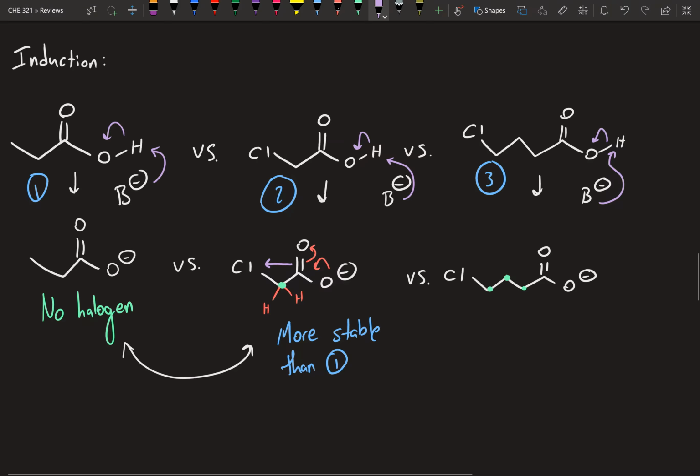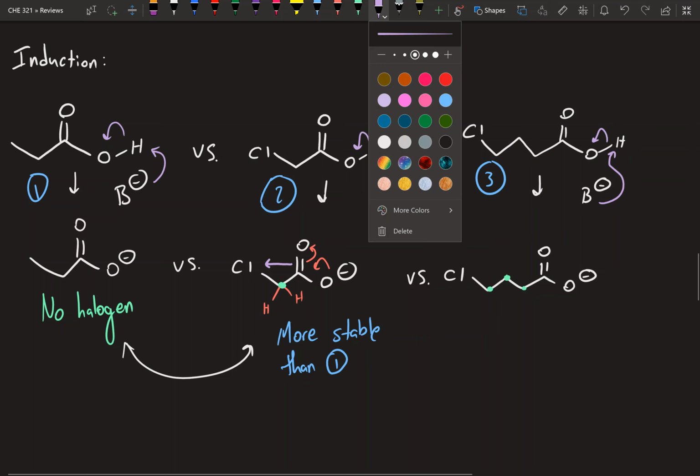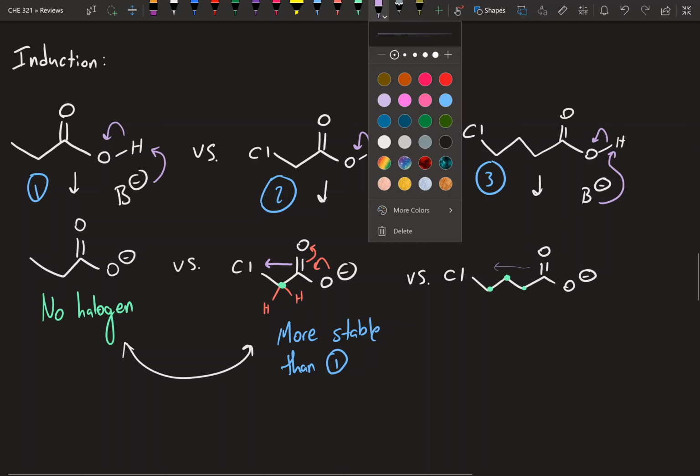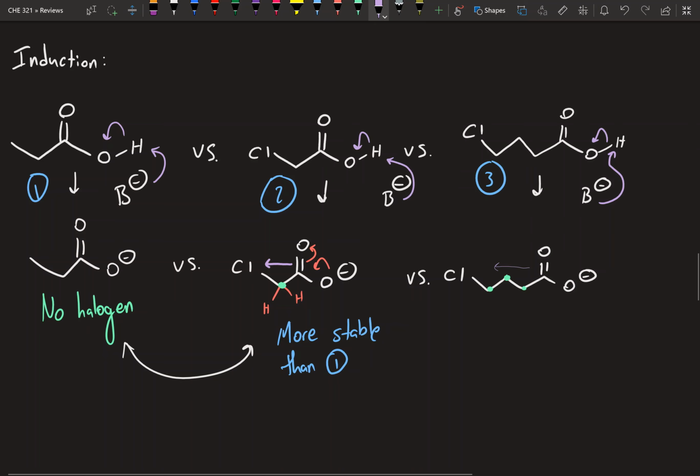The thing about induction is the effect falls off the further away your halogen is. And so our halogen here is 3 carbons away, so it's going to have a much weaker effect of pulling those electrons towards itself. Okay, so it's going to be much weaker in trying to pull those electrons towards itself, right? You just see I drew a little thin line to help illustrate that. And so that means that the conjugate base of structure 3 is just not going to be as stable as, let's say, structure 2.